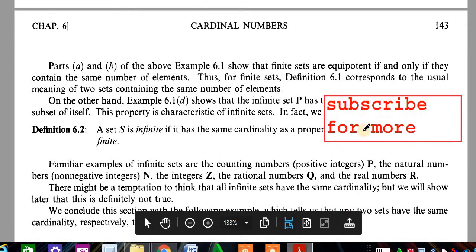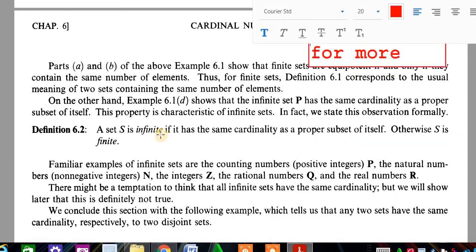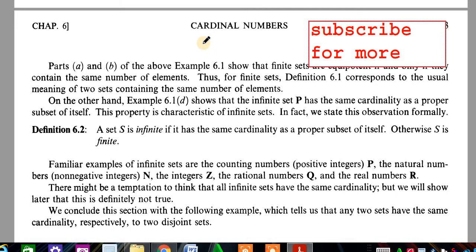So there is another definition. A set S is infinite if it has the same cardinality as a proper subset of itself.